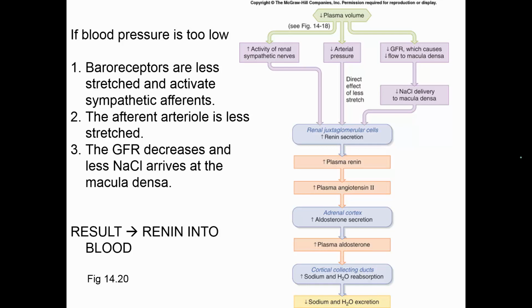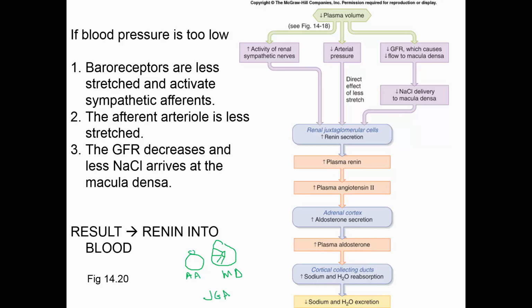So, at the juxtaglomerular apparatus, remember, you have an afferent arteriole, and you have a macula densa, and they can talk. And this whole thing is called the juxtaglomerular apparatus.